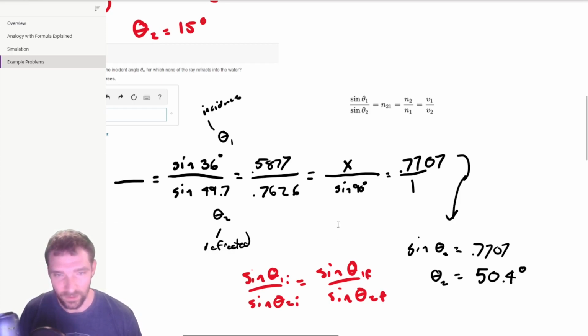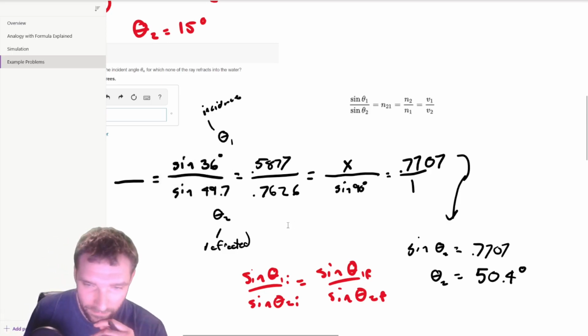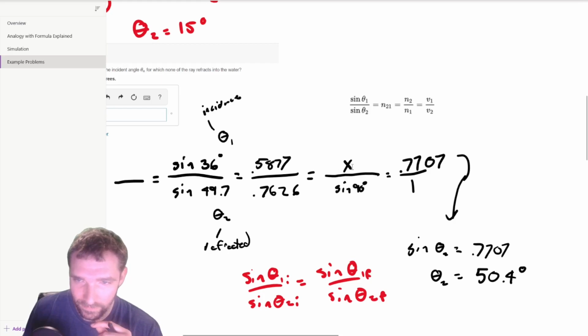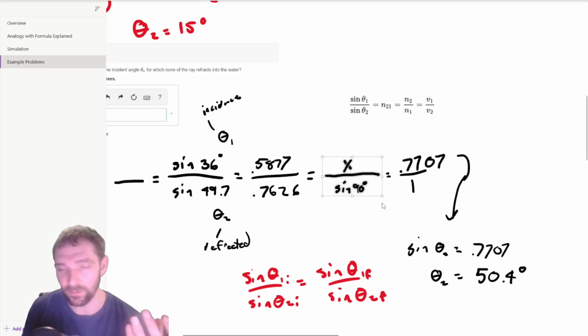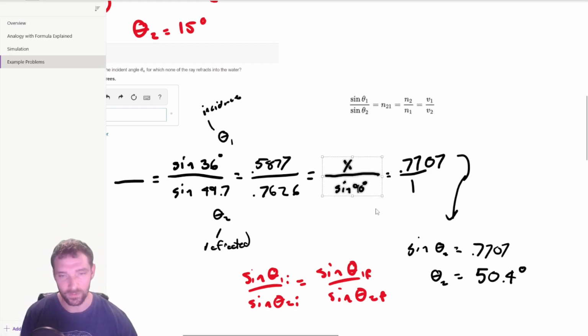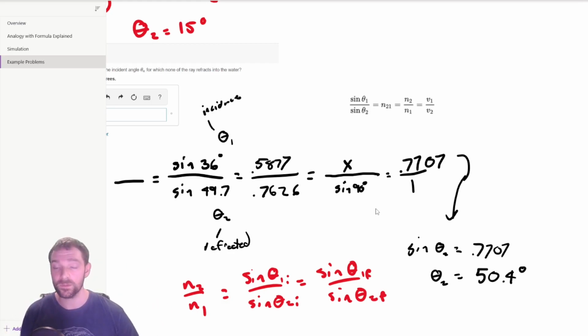So there's two angles here. You can think of this as our initial. And then there's this other situation where we have the same relationship between N2 and N1.